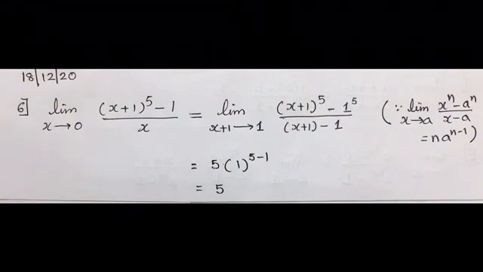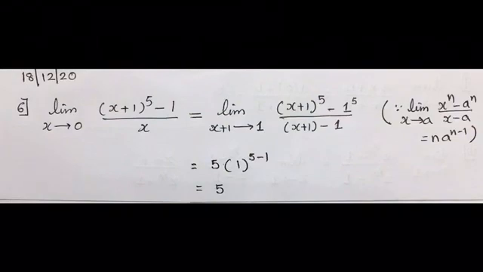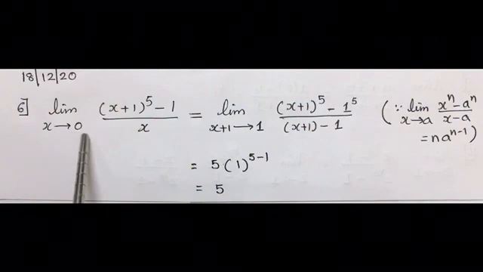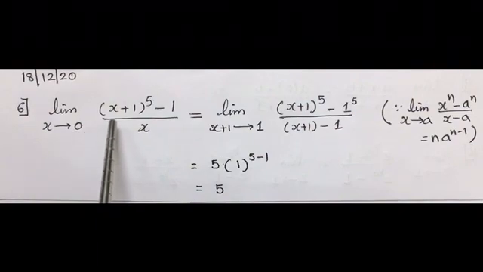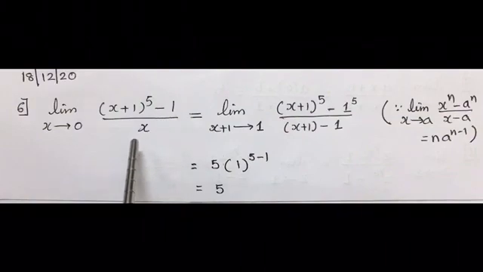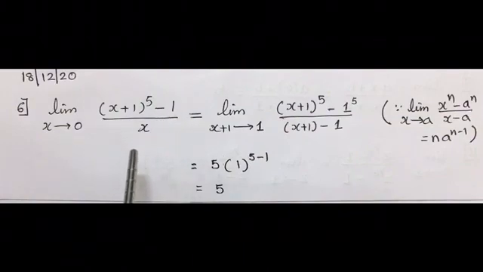Now in the 6th example, we have to check which formula fits in this example. Given is limit x tends to 0, (x plus 1) raised to 5 minus 1, divided by x.